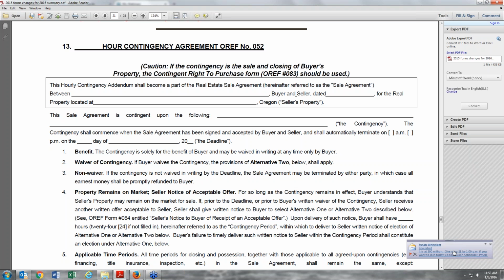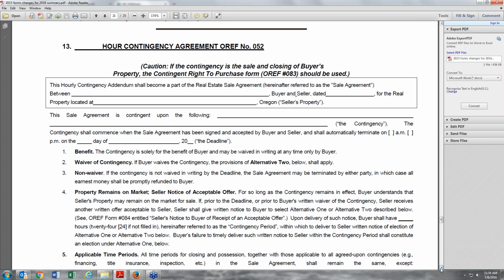But the hour contingency is for every other type of contingency. Let's say it's subject to the buyer's ability to get a gift loan or something like that. That would be the appropriate contingency that you would use form 052 for.